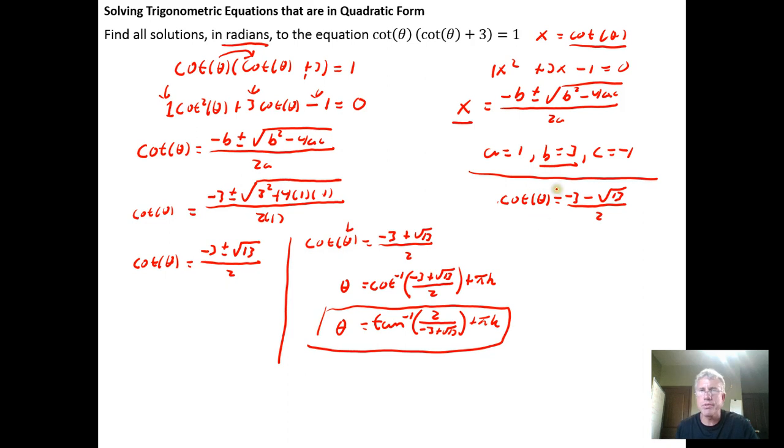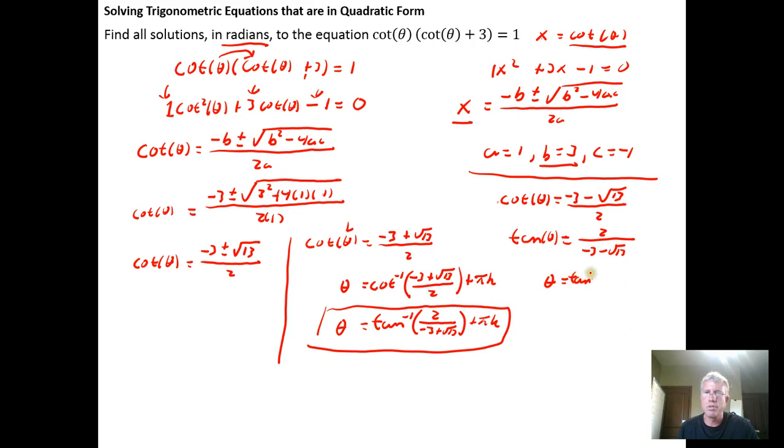So if we step over to solve this one, we might even say, hey, I'm going to need my calculator at some point to get decimal approximations. I could just recognize that the cotangent is the reciprocal of the tangent. So if the cotangent is this, the tangent is the reciprocal of that. So we just flip everything over and then take the tangent inverse of both sides.